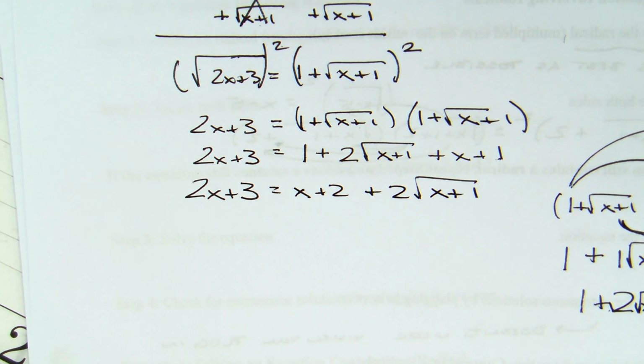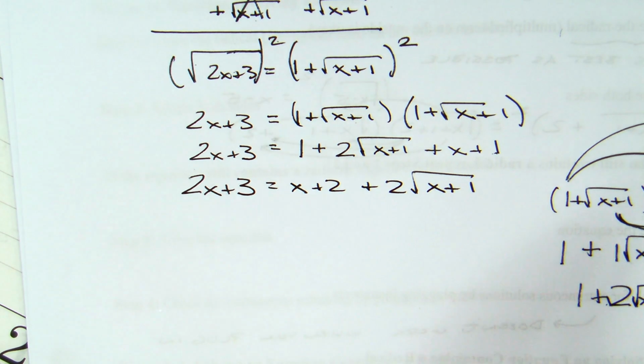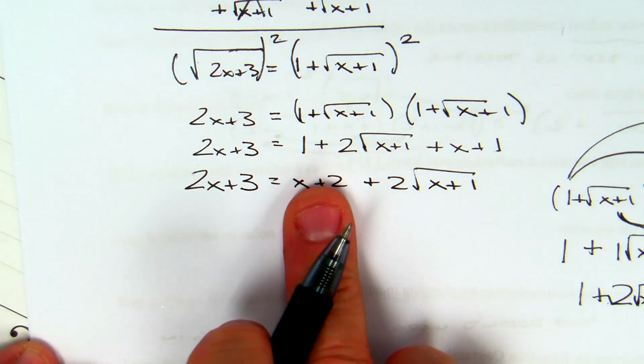All I did is put this 1 with this 1 because I could. 1 plus 1 is 2. This stays exactly the same, and I just moved it back to the front. In other words, on the right-hand side, I kind of separated the radicals. Everybody see that? So I'm going to leave this alone, and I'm going to get everything else on the other side.